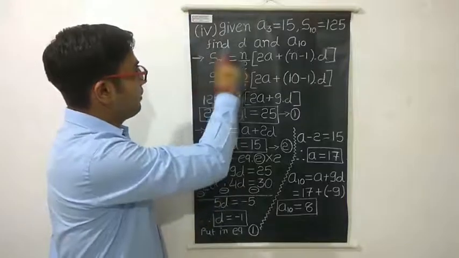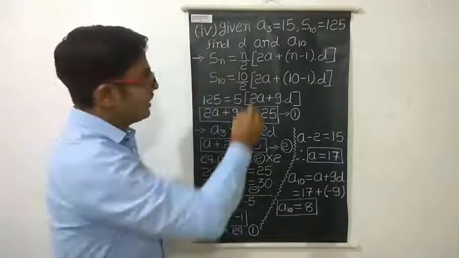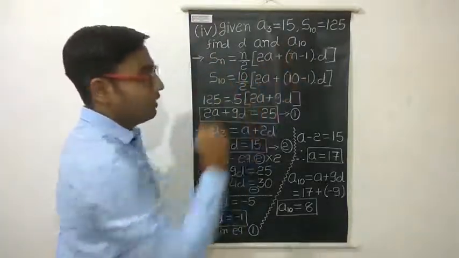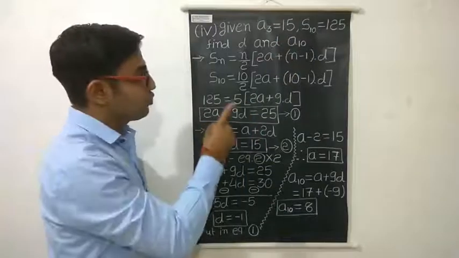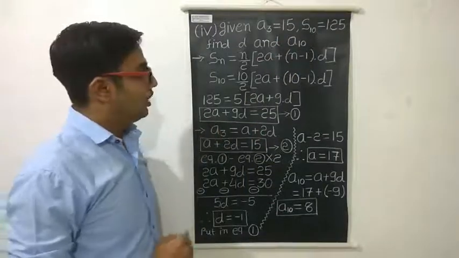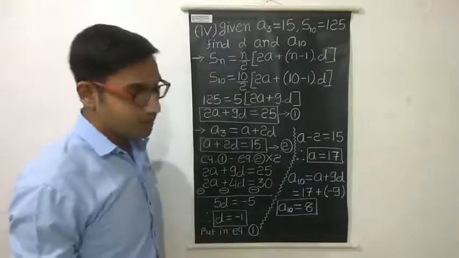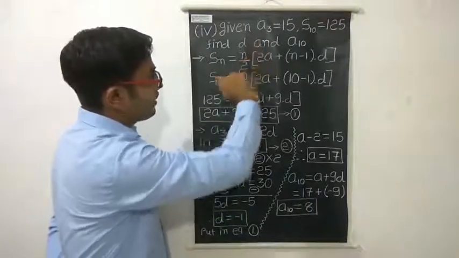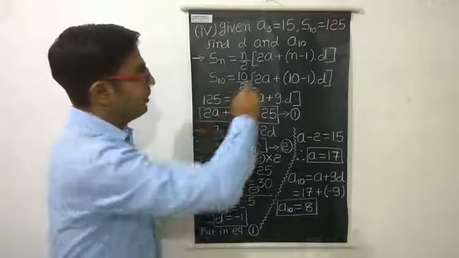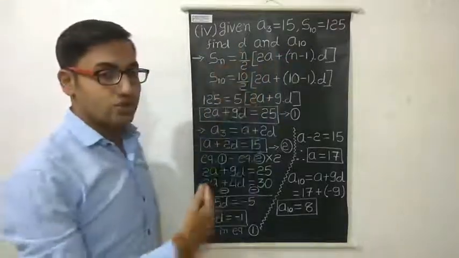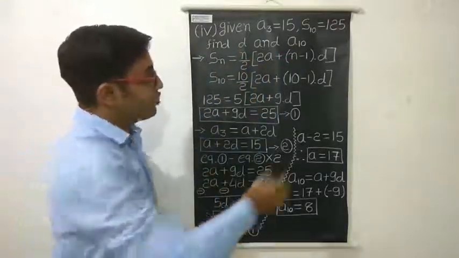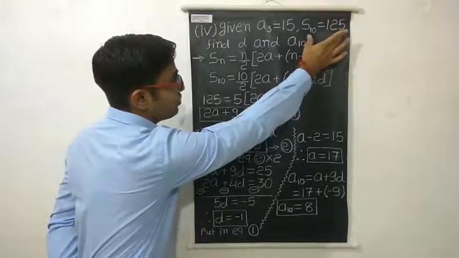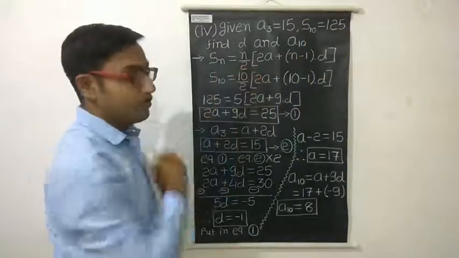We have to find the common difference d and the value of the 10th term, a10. Again, we have to start from whatever is given: the value of a3 and the sum of the first 10 terms.